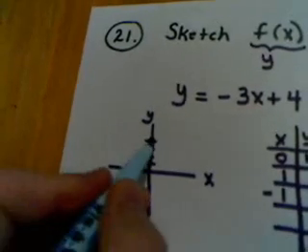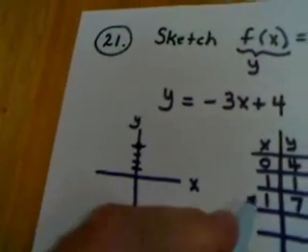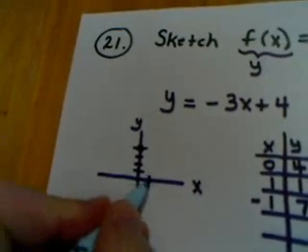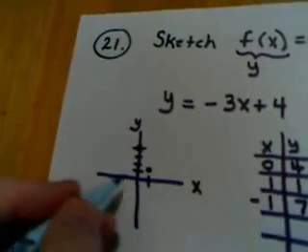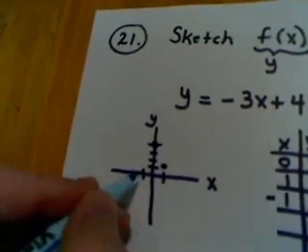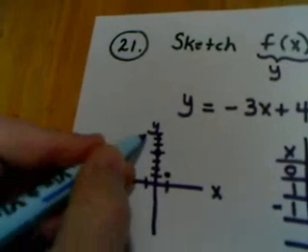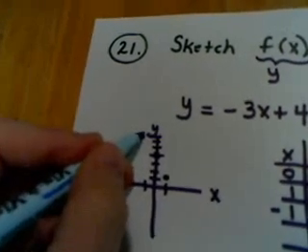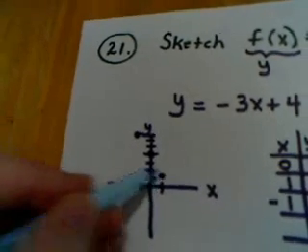You may want to do this at home on graph paper because it's a little bit more accurate. I have the ordered pair 1, 1, which is approximately there. And I have the ordered pair negative 1, 7, which is approximately there.